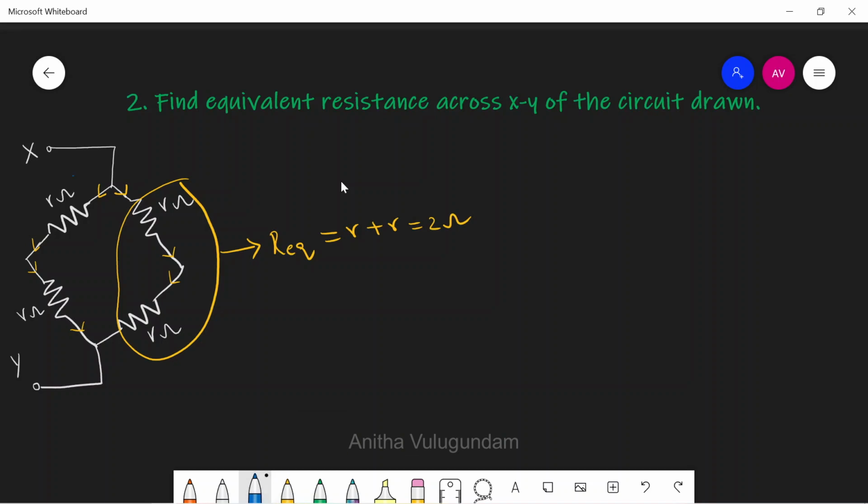Whereas for here, these two are in series. We can write R equivalent equal to R plus R, that equals 2R ohms. Let me redraw the figure now.